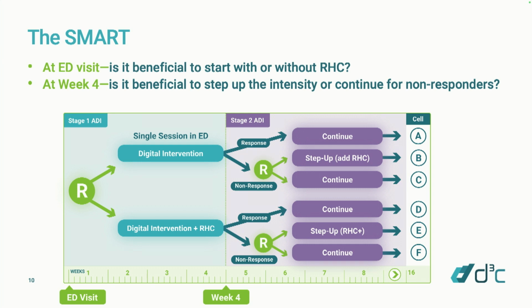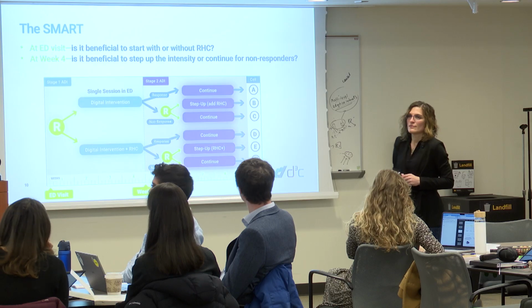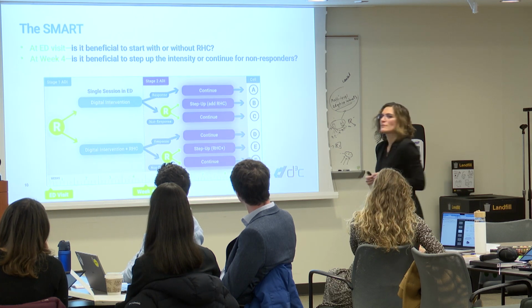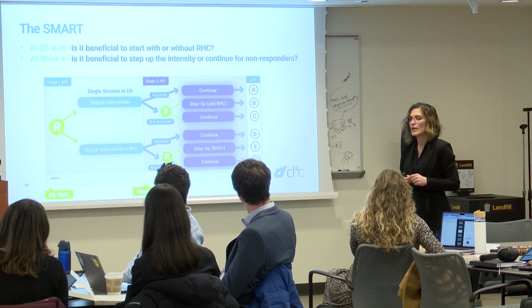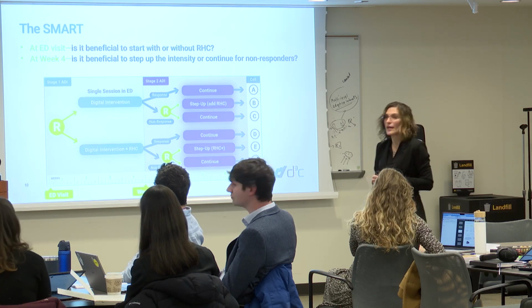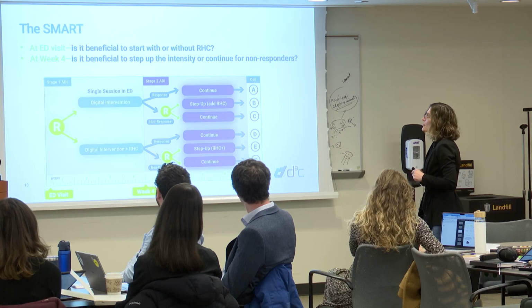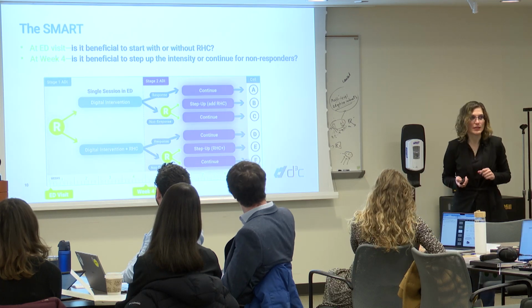That's how I set up my randomizations. So far, so good? So you have 6 cells, but it's really just 4 possible embedded adaptive interventions. Yes, you got this. Perfect. All right, which brings me to an important point here.